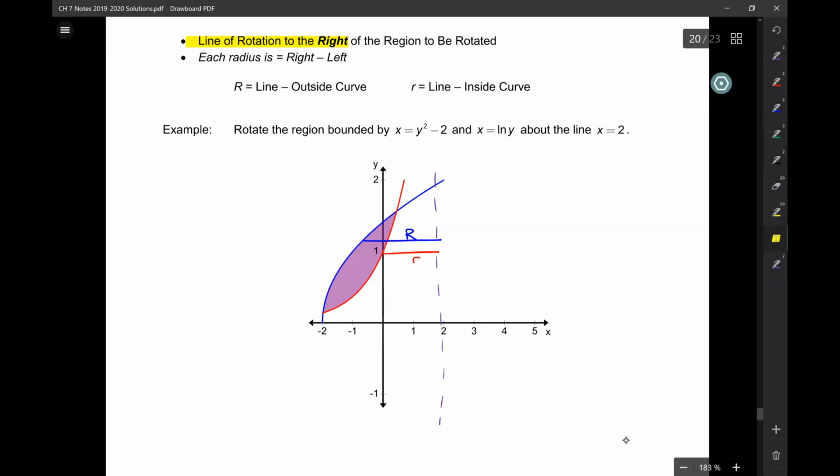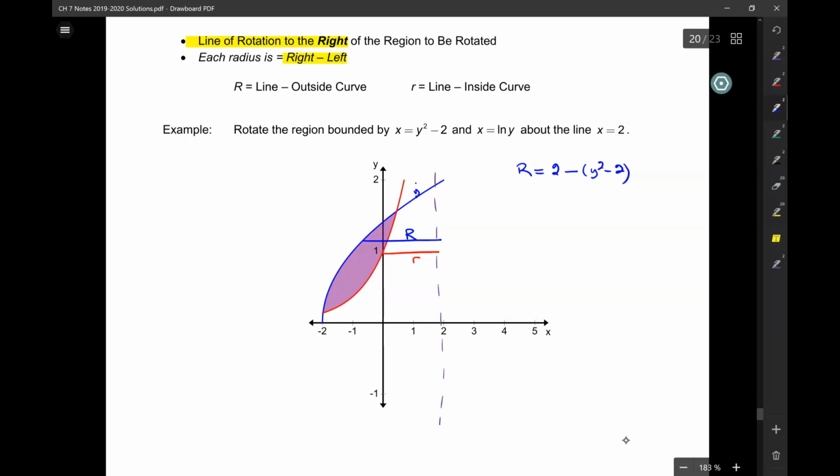And if radius is always right minus left, then big R is 2 minus, what was it? Y squared minus 2.